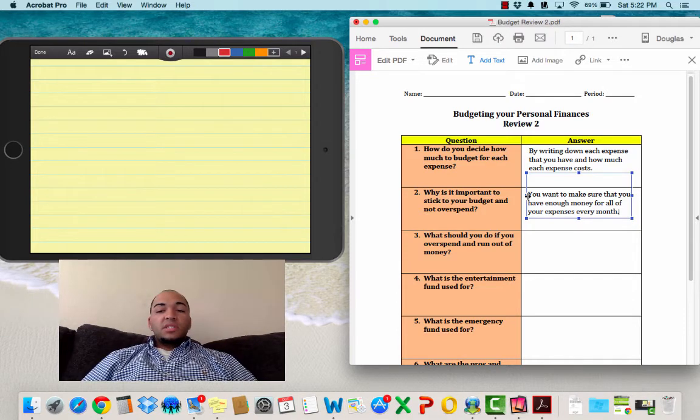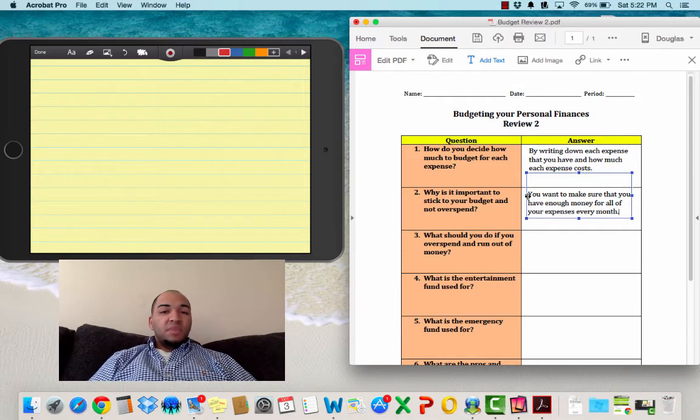Okay? So budgets help us stick to it. Budgets lay it out for us. It makes it very clear that this is how much the rent costs, this is how much the car costs, this is how much groceries cost, and it helps us have a plan for the month. Okay? Because if you plan something, you're in a much better position and situation to come out on top.